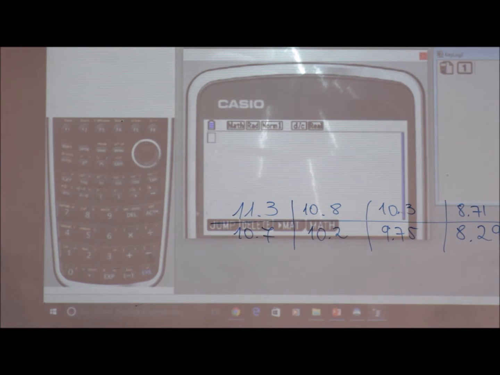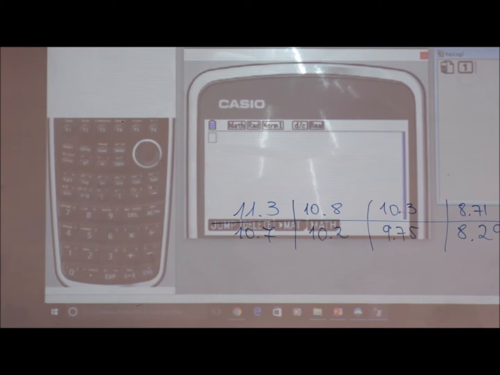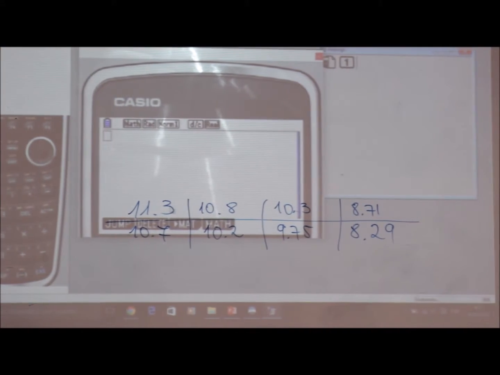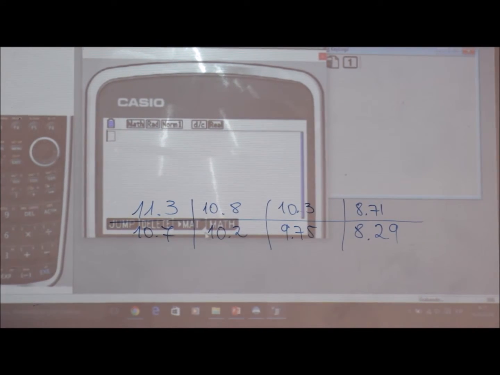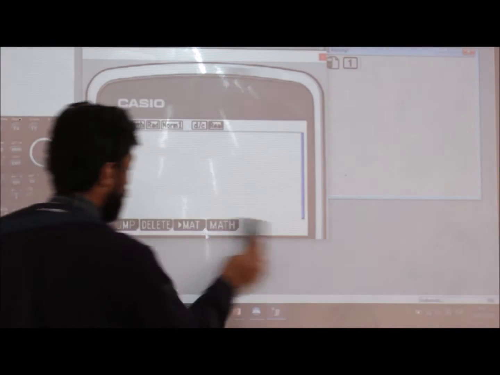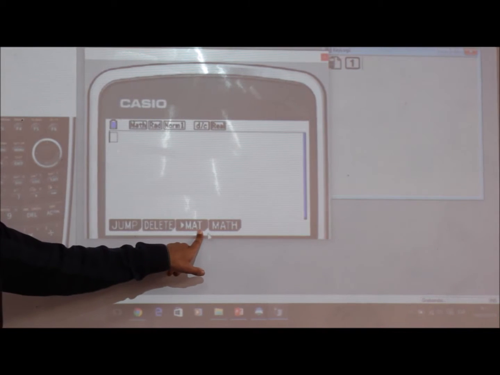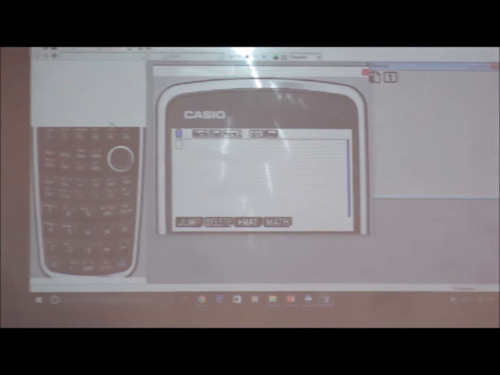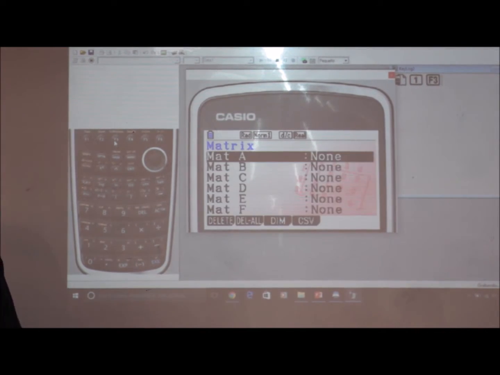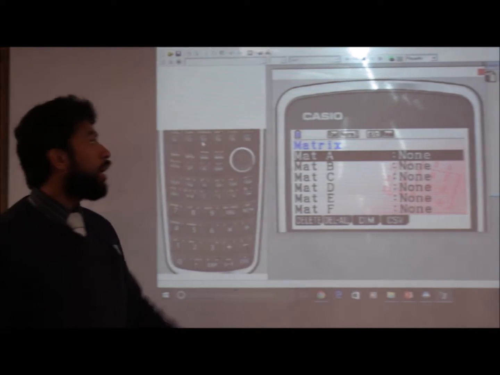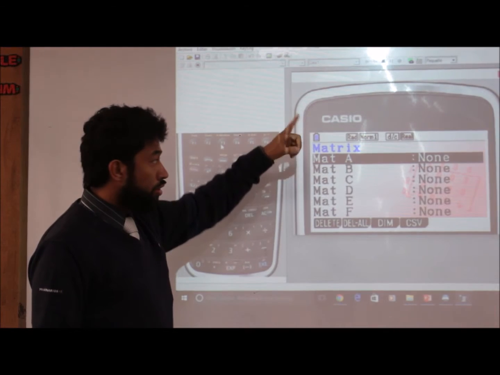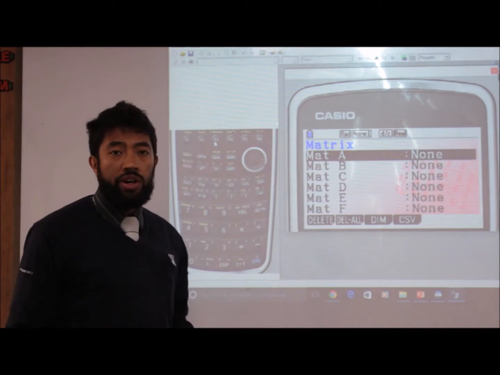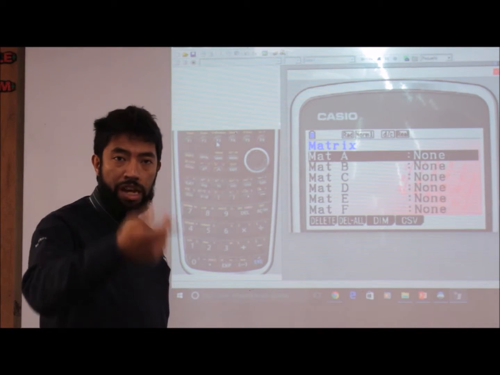Now, once you are there, choose the third option, MAT from matrix, with F3. Immediately you have a catalog: A, B, C, D. You may store several matrices. We are going to use A and B.